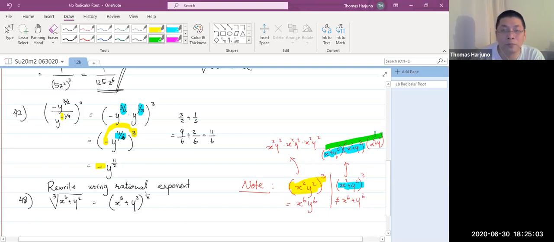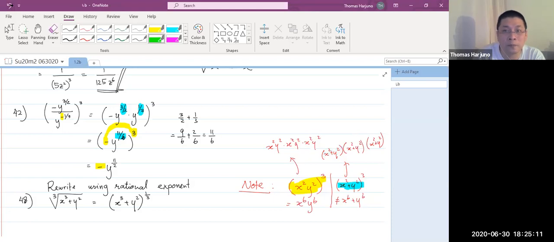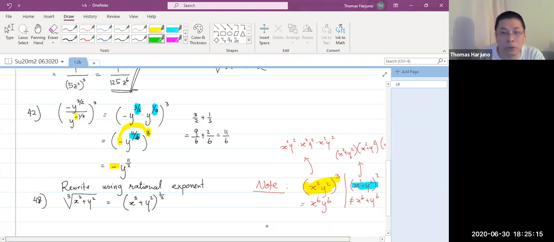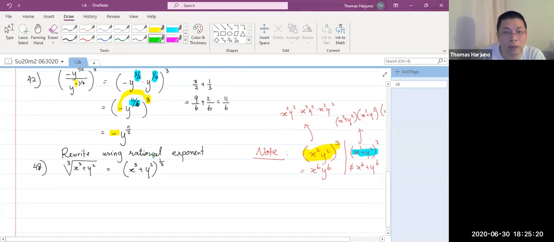You see what I mean? So the result is not the same. When you FOIL 2 terms by 2 terms, you should get at least 3 terms, right? So please distinguish those two. In other words, I cannot simplify this any further. That's the furthest I can go.